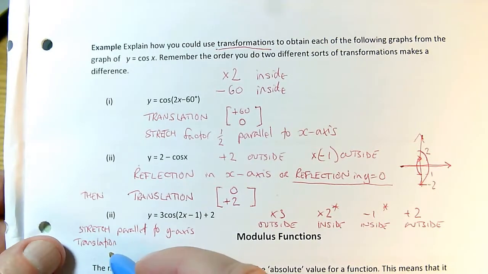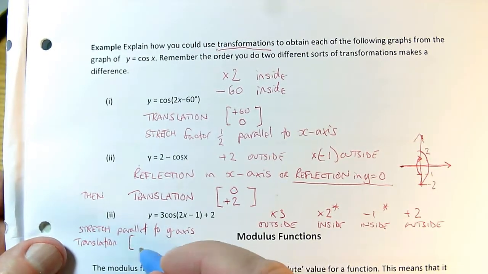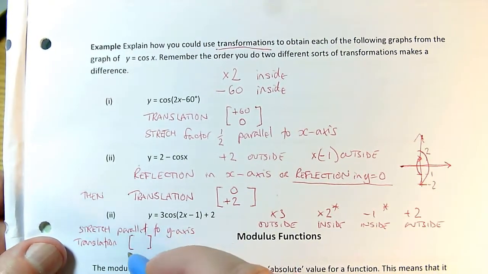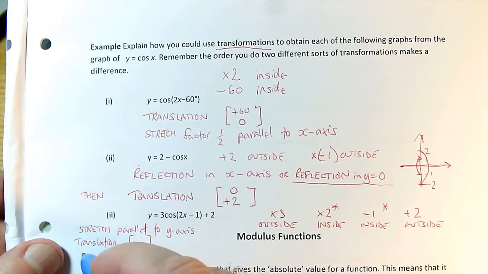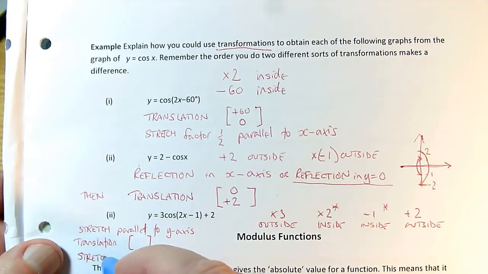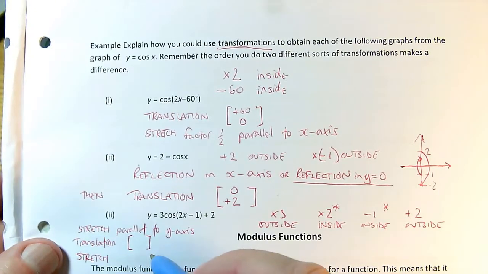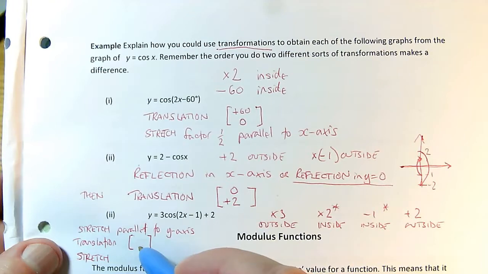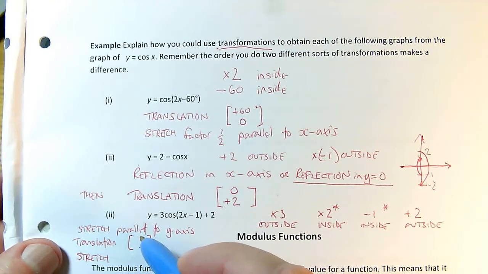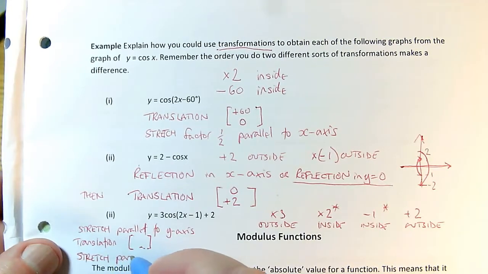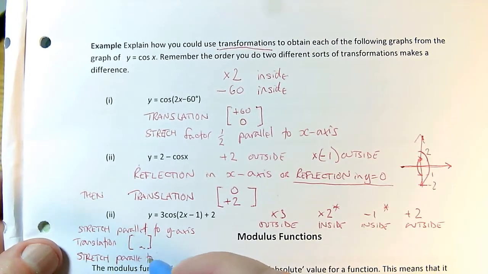That's why we do the vertical ones first, because I can do those 2 things at once with 1 column vector that does both, and then I'm going to have my horizontal stretch at the end. So we do vertical stretch, vertical translation, which will be this number, then horizontal translation, this number, and then horizontal stretch, which will be parallel to the x-axis.